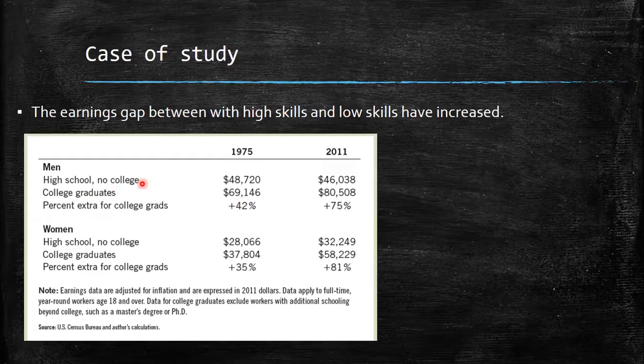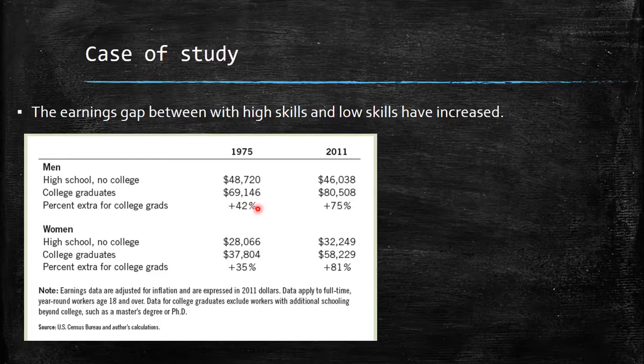So no college, here we have $48,720 per year. In 2011, they will receive less. College graduates, they will earn this amount, and during 2011 this amount, right?